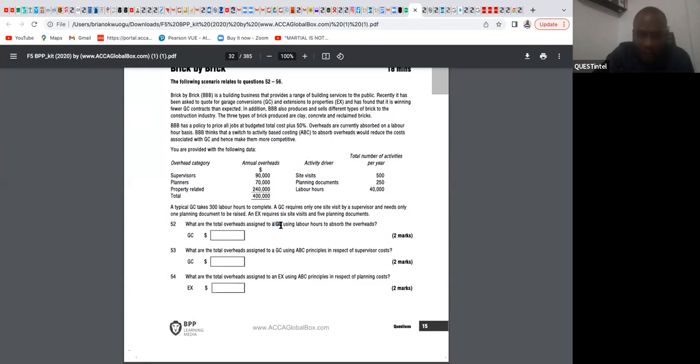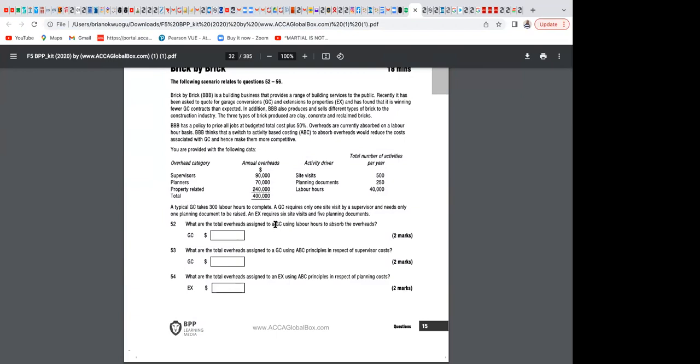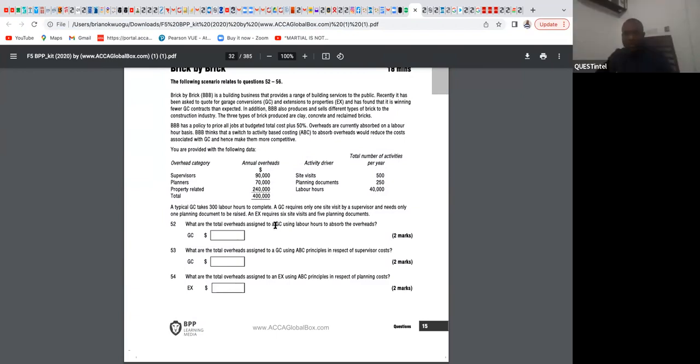So you see the difference, what you asked before, to a GC, to one GC, not to the total. One has to be careful about whether they ask you for one or for the total. So since we need 300 labor hours to complete a GC, then 300 times the overhead absorption rate will give us what we need.